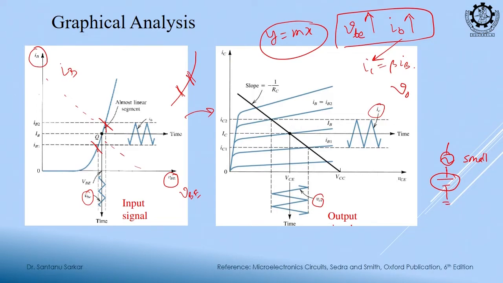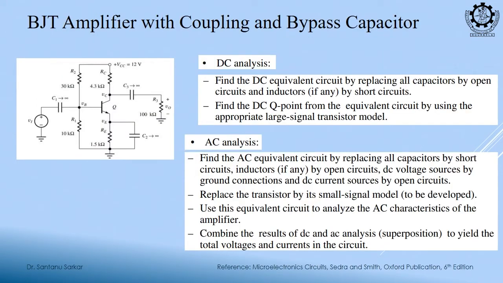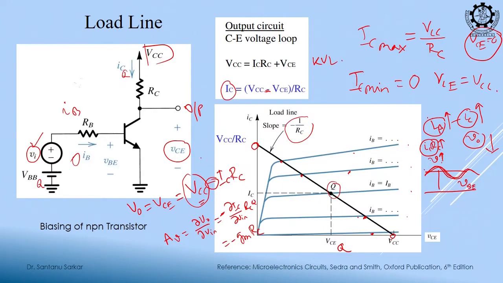So, just think step by step, then you will understand how this amplification is happening, and always make yourself think in a simple way. So, this is my complete biasing. In the previous circuit you see I have used a voltage source, right, VBB, to bias it. I have used a DC source, VCC.